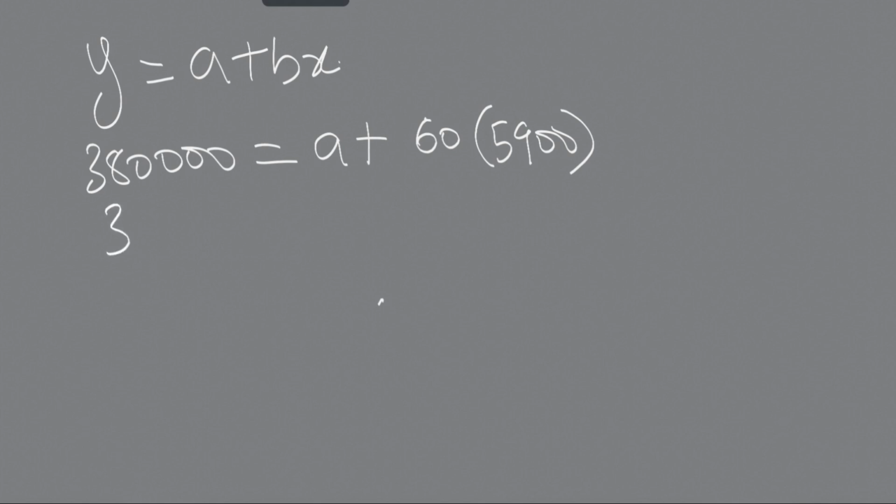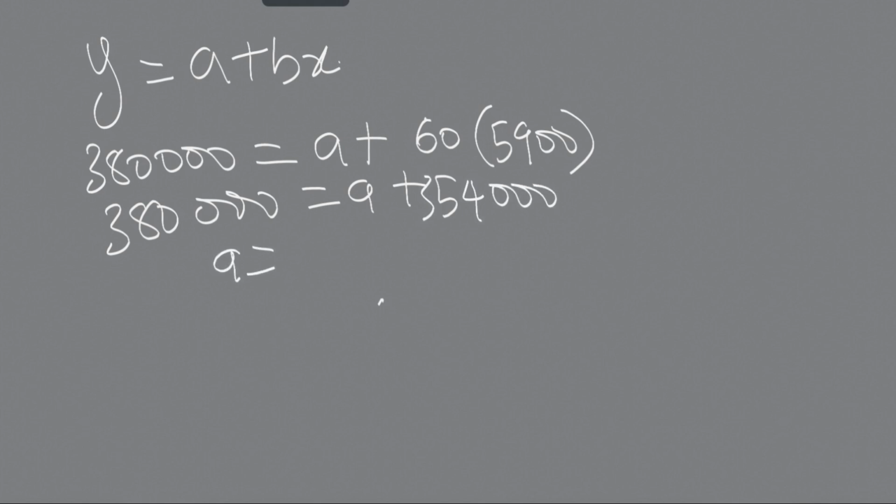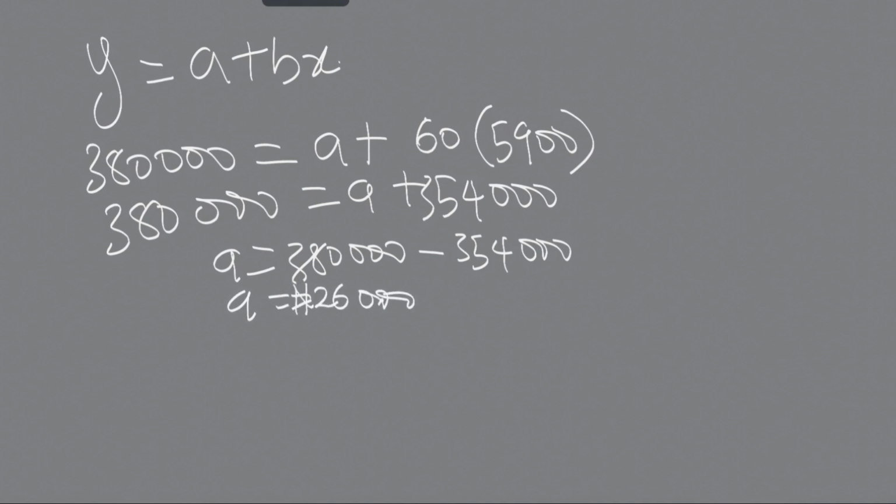So 380,000 equals a plus 354,000. So a equals 380,000 minus 354,000, which is 26,000 naira.